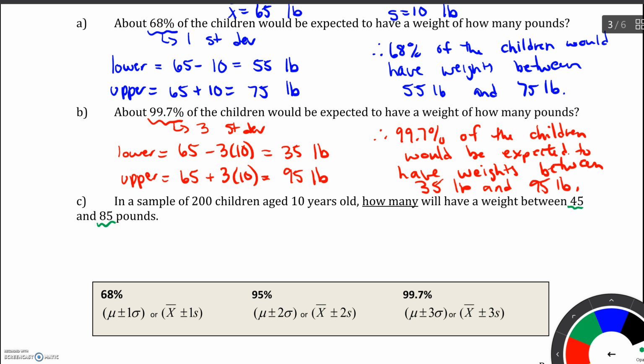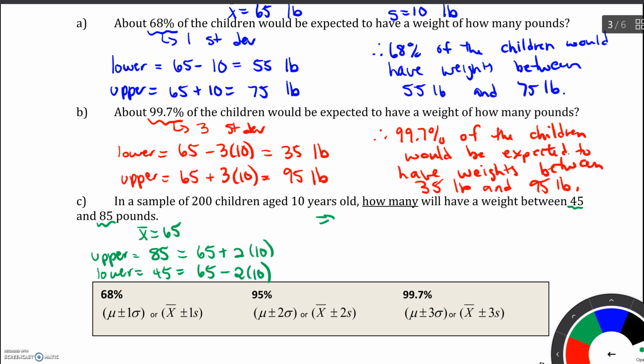So since our mean is 65 pounds, our upper limit of 85 pounds is equal to the mean plus 2 standard deviations. The lower limit, which was 45 pounds, was 65 minus 2 standard deviations.